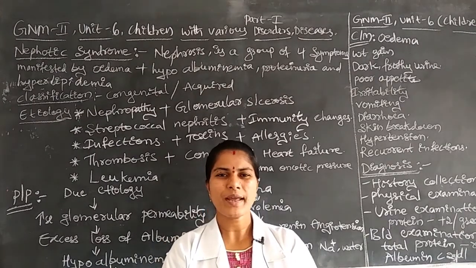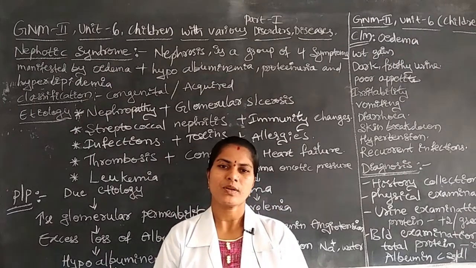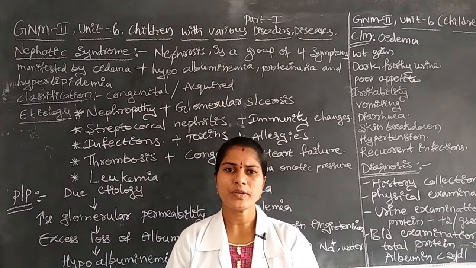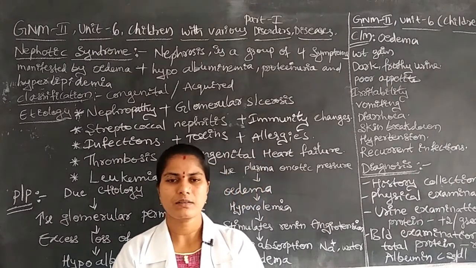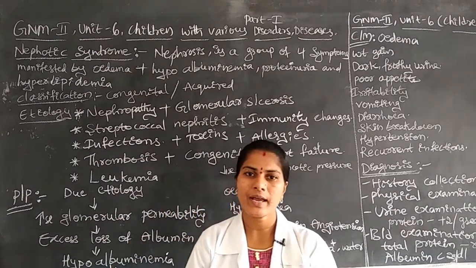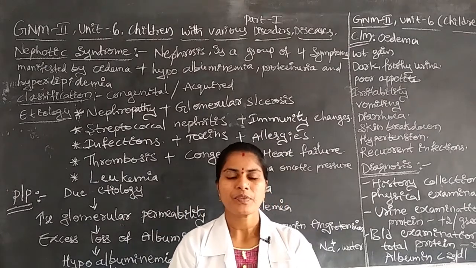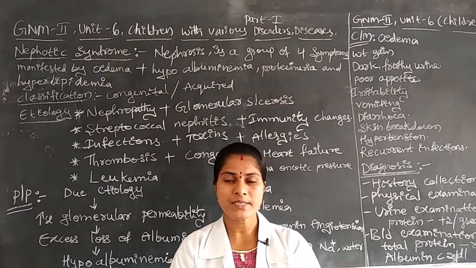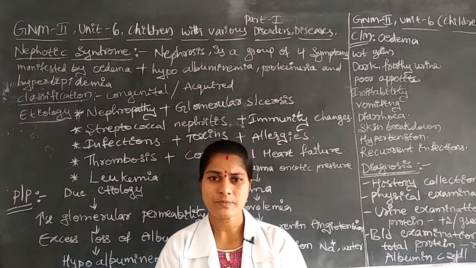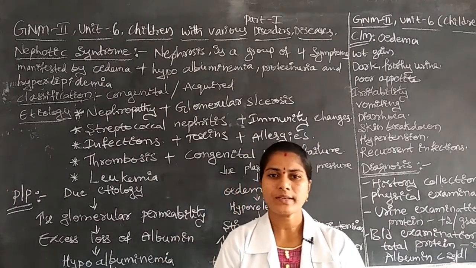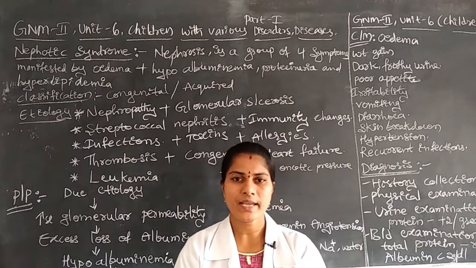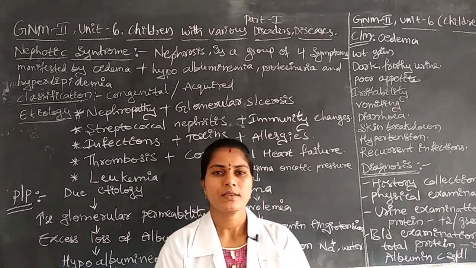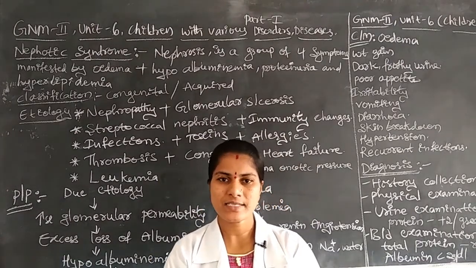Why? What is meant by immunity? In the body, the blood has some immunity cells, the WBCs: T lymphocytes and B lymphocytes. They have antibodies, which fight against antigens. Antigens are nothing but microorganisms. When any microorganism enters the human body, immediately the antibodies are released and fight against the antigens.